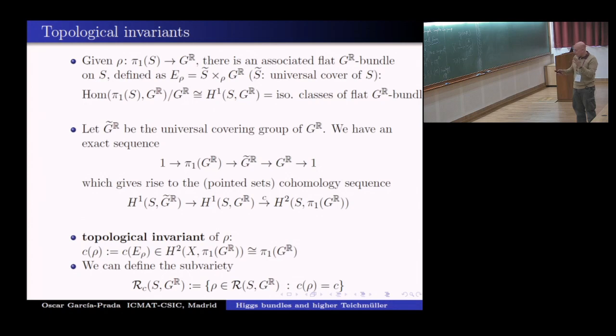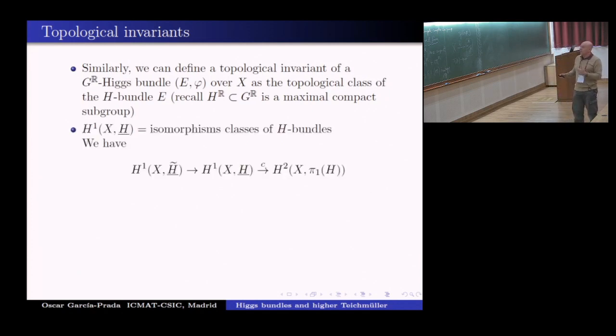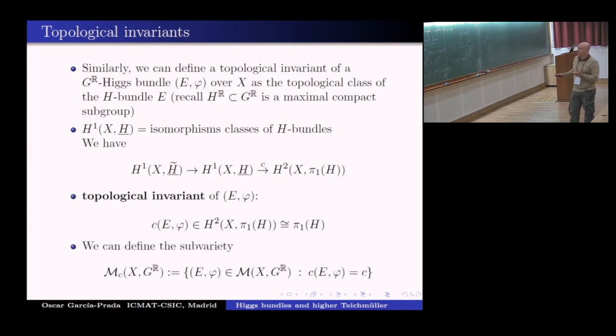I didn't put any bar. But now we're dealing with H bundles, right? H is a complex group, and what I have is then that the isomorphism class of H bundles is parameterized by H1 of this, and this is a sheaf of functions from X to H. Okay, and so similarly to the previous case, if you take the universal cover of H, you have this exact sequence of pointed sets, and again, now you have a topological invariant of the Higgs bundle, which is actually the topological invariant of the bundle.